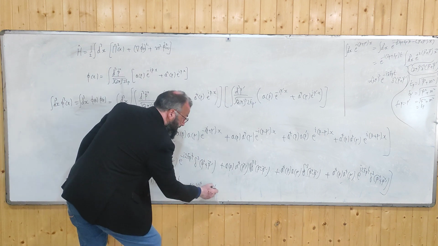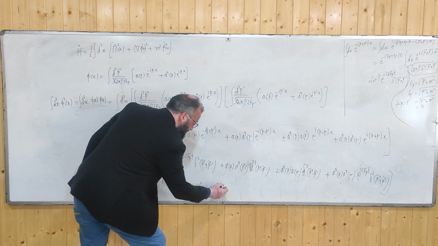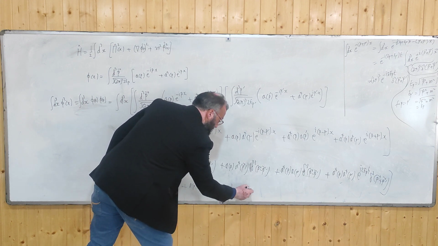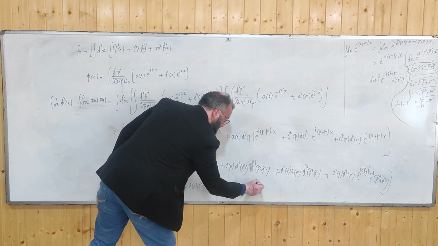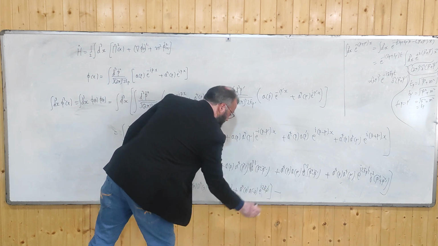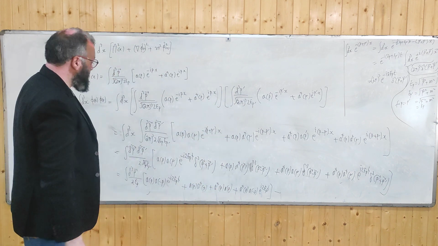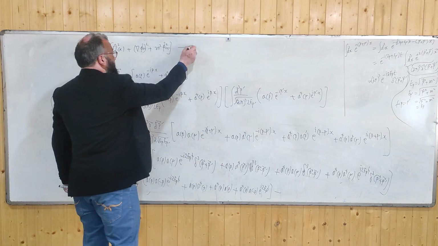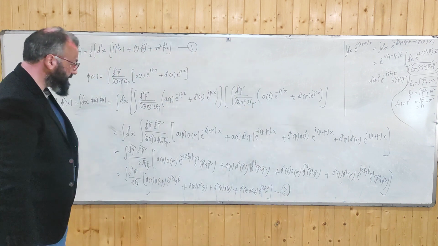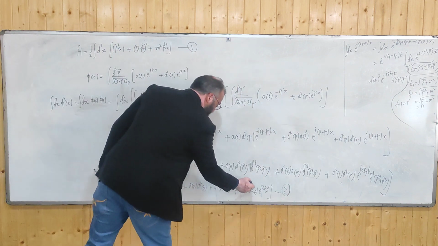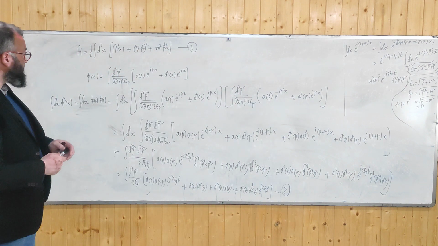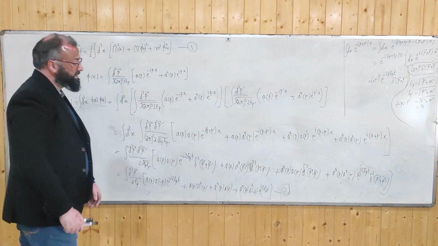In the next term it is a†_p a_p, and the last term will be a†_p a†_−p e^(i 2E_p t). So call this equation 1 and this equation 2. Yes, there is an a†. Clear? Okay, so let's calculate quickly delta phi squared.